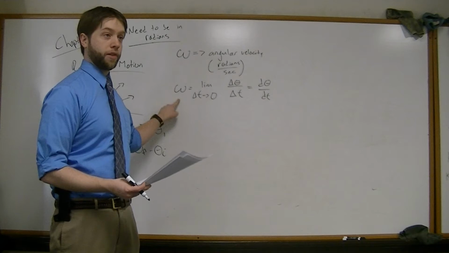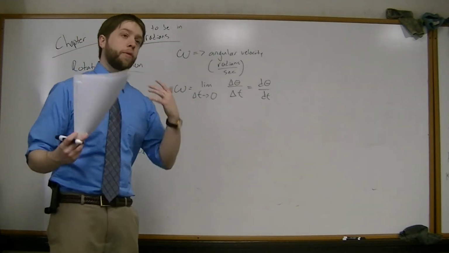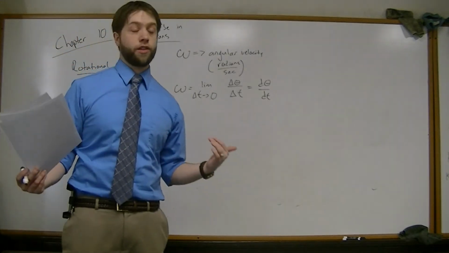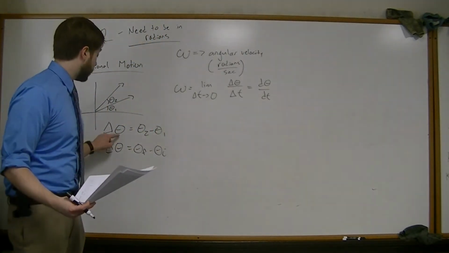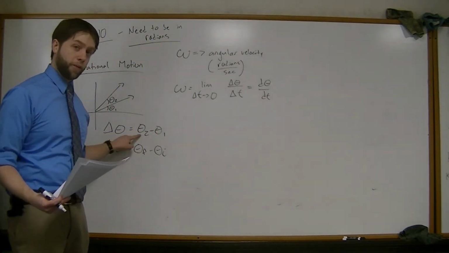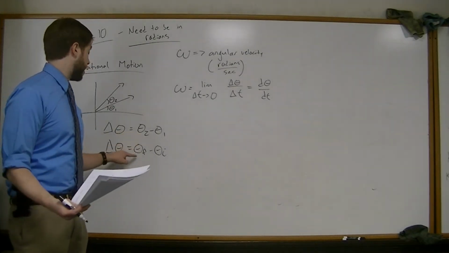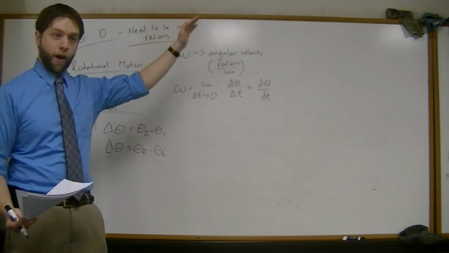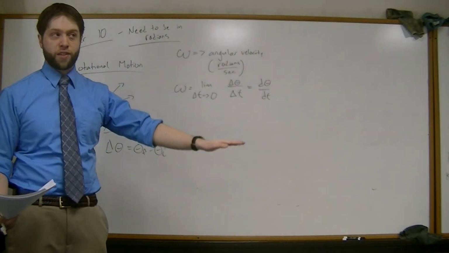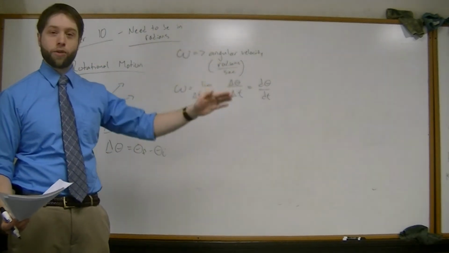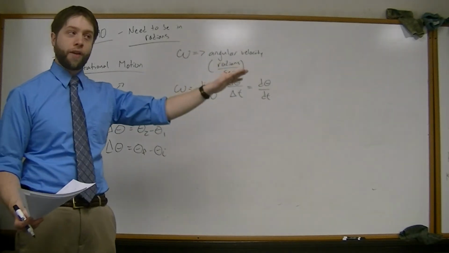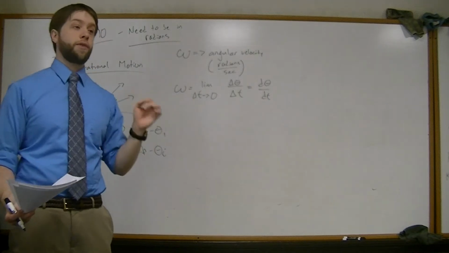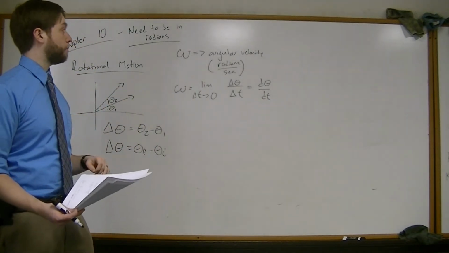So to recap here, we have basic displacement where we had x final minus x initial before. Now we are doing our displacement according to some angle measurement in radians, so that's going to be theta final minus theta initial. You start at 45 degrees, you go to 60 degrees, your change in the angle is 15 degrees.